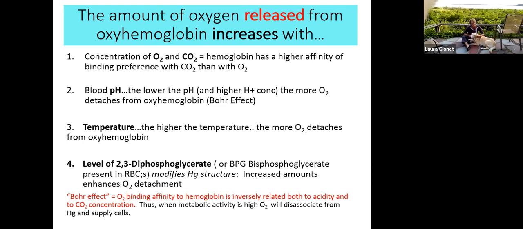Okay, so there are certain factors in environments that stimulate hemoglobin to readily release oxygen, in environments where you want to drop it off, and where you're going to pick up carbon dioxide. And I will tell you that hemoglobin would rather bind to carbon dioxide than oxygen.